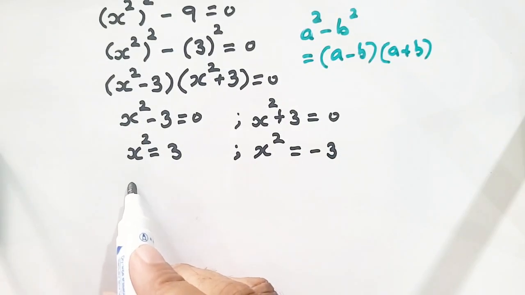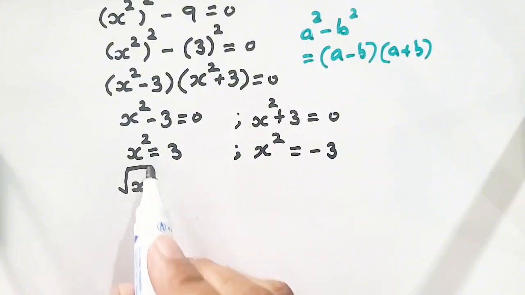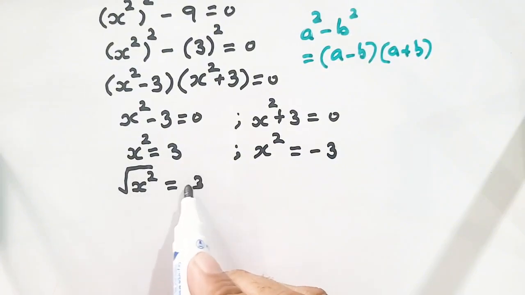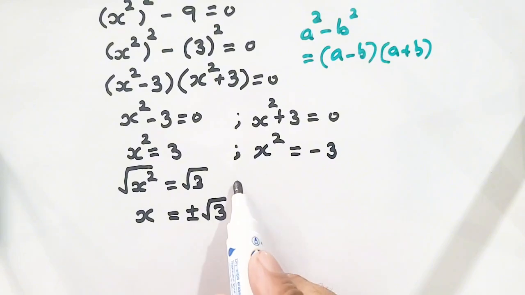Taking square root on both sides, x squared square root and 3 square root, it will become x is equal to plus minus square root 3.